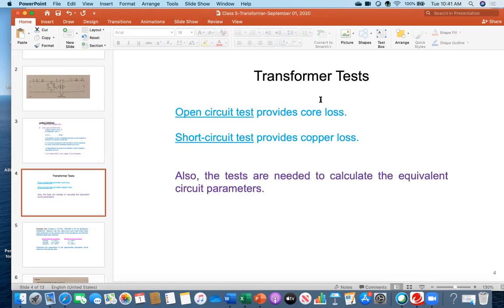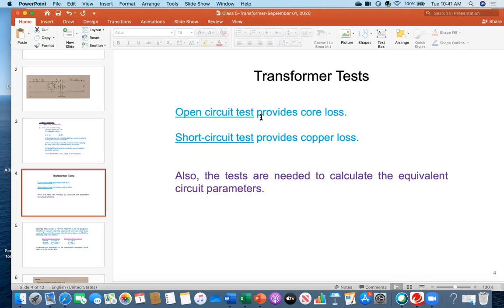In the FE exam, you might face exactly this question: how can you get core loss and copper loss? Then simply answer, with the open circuit test I will get core loss, and with the short circuit test I will get copper loss. You will apply this same conclusion in numerical problem solving.